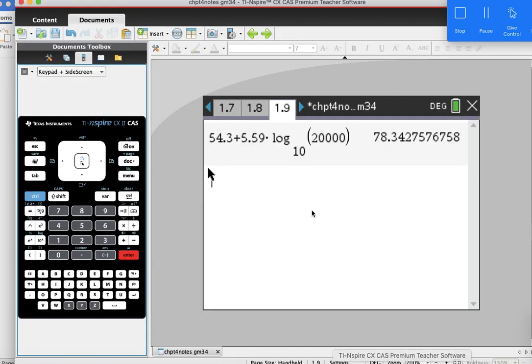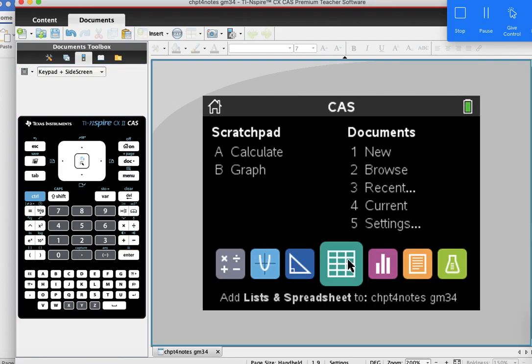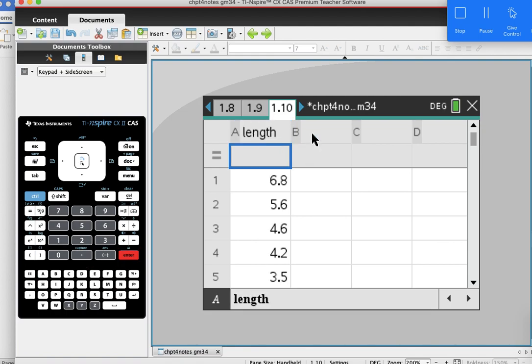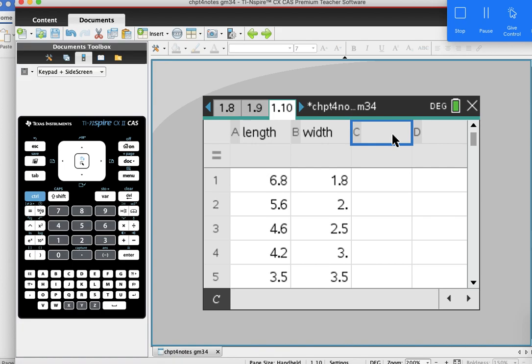So go to our list spreadsheets, and we would type in length, and we'd put in our width. They said length is the EV, so we want to do a reciprocal Y transformation.